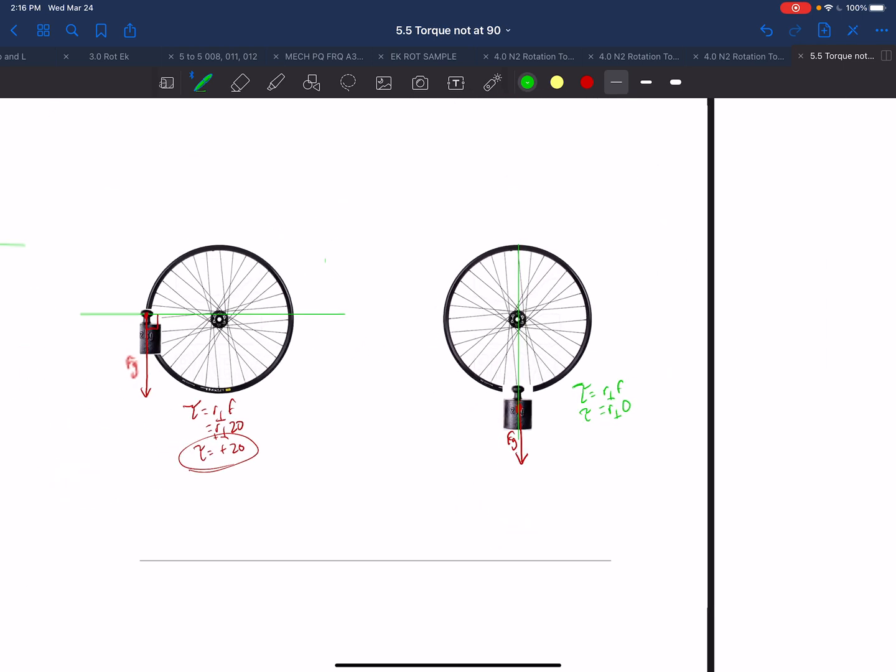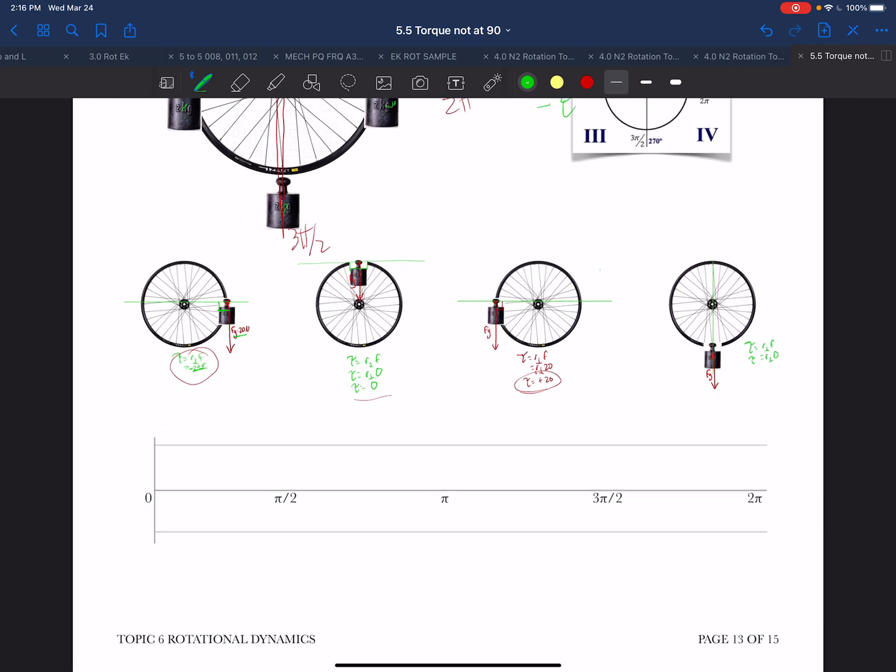So now let's zoom out a bit and make a graph of this. We can see when it's 0 degrees, we have minus 20, and that minus 20 is equal to the weight. At pi over 2, we said the torque was 0.